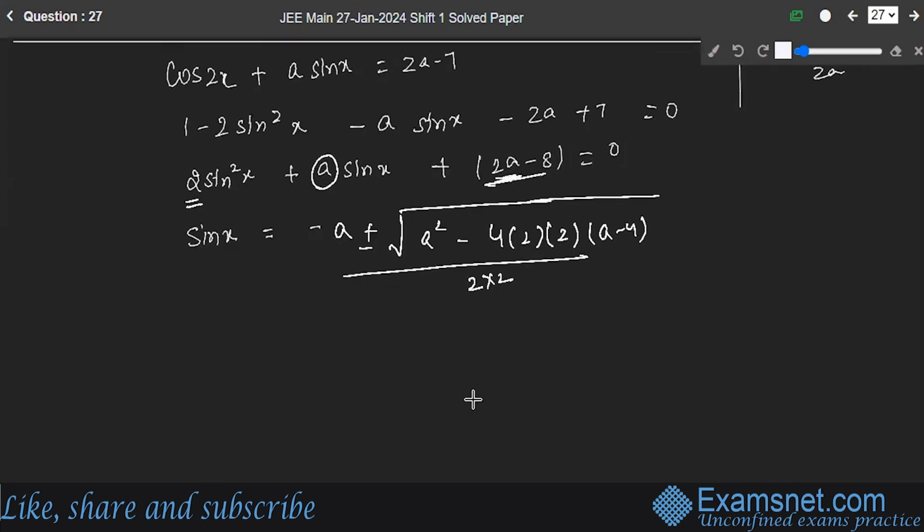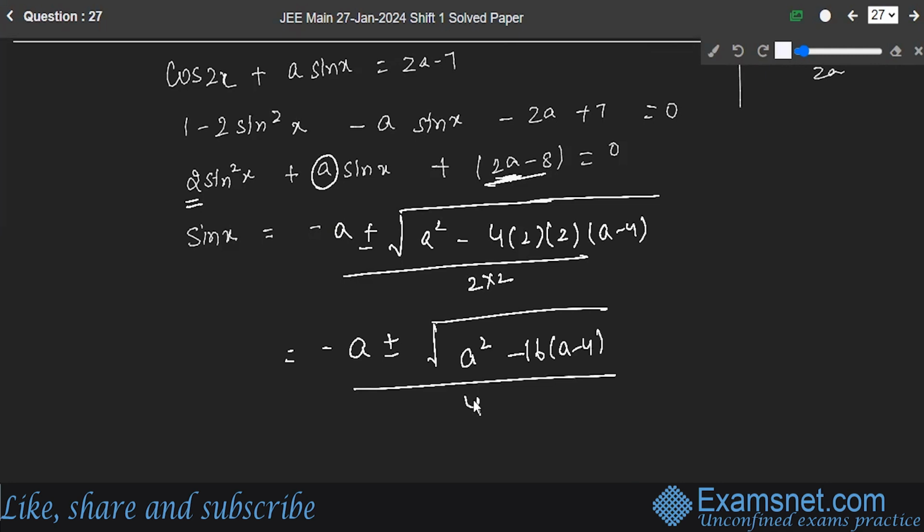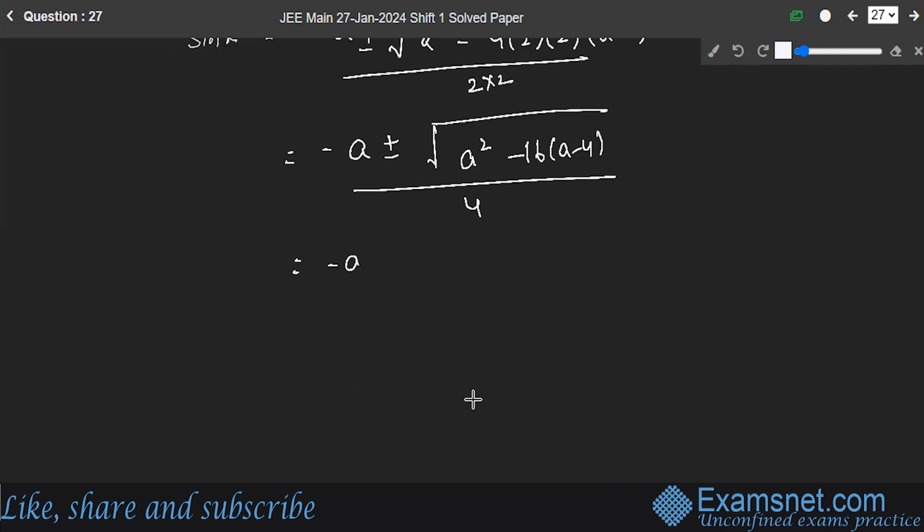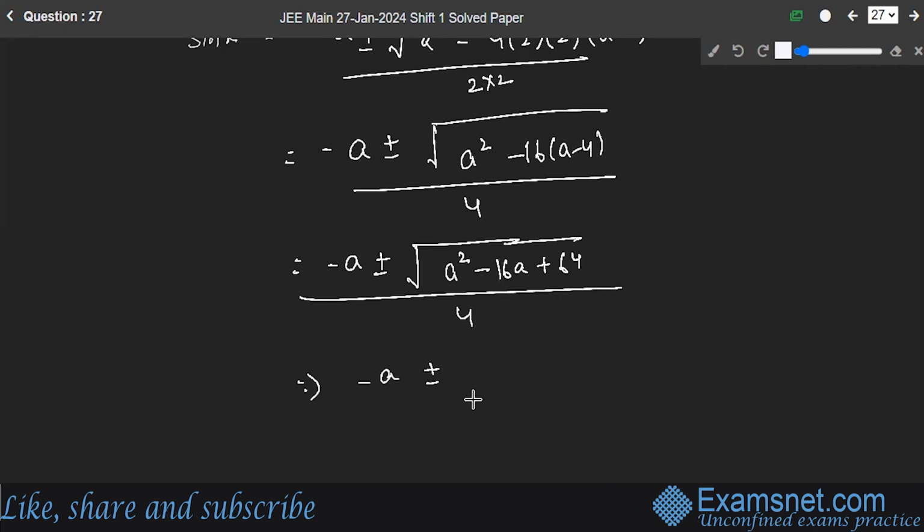So this will be equal to minus a plus minus root of a square minus 16a plus 64 upon 4. Or this is equal to minus a plus minus root of a minus 8 whole square upon 4.